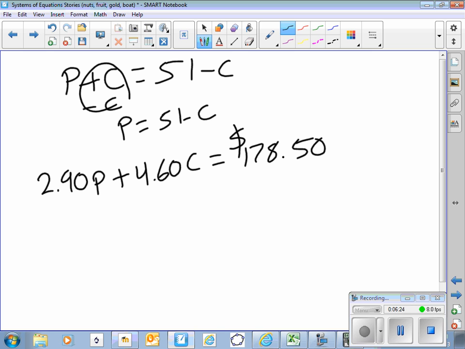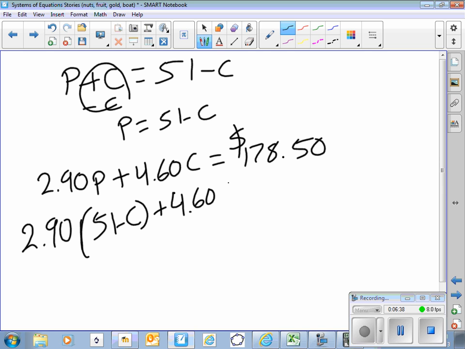Replacing P with 51 minus C, so we'll do 51 times 290.